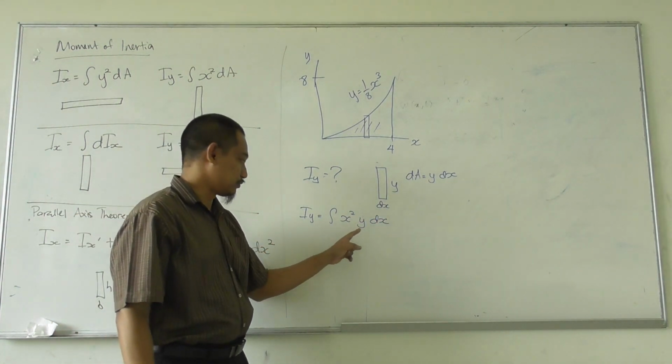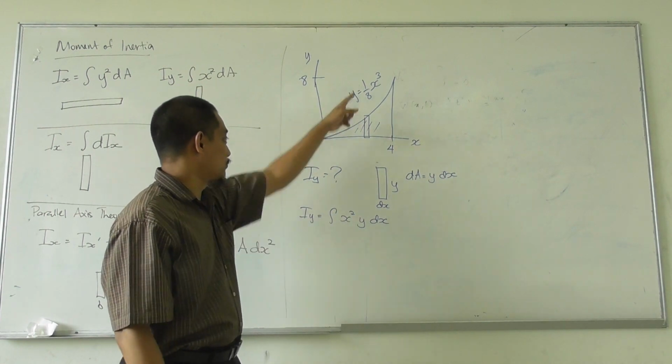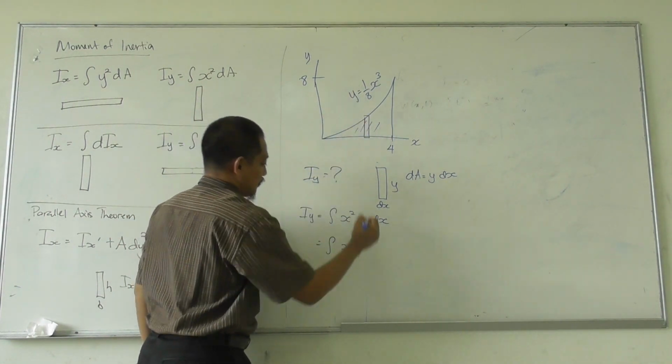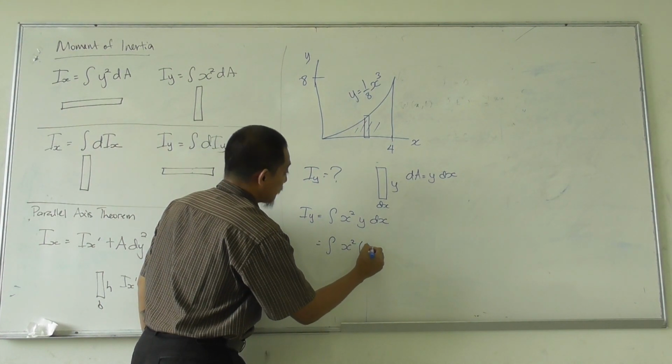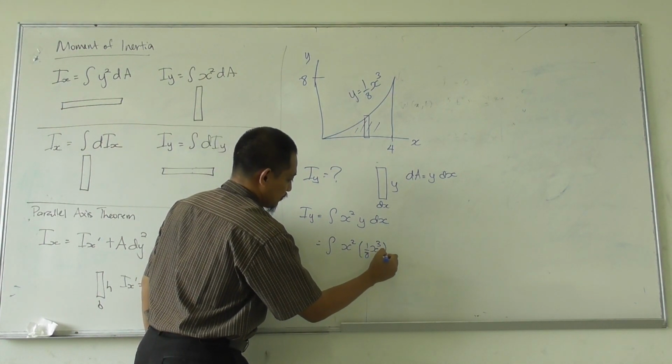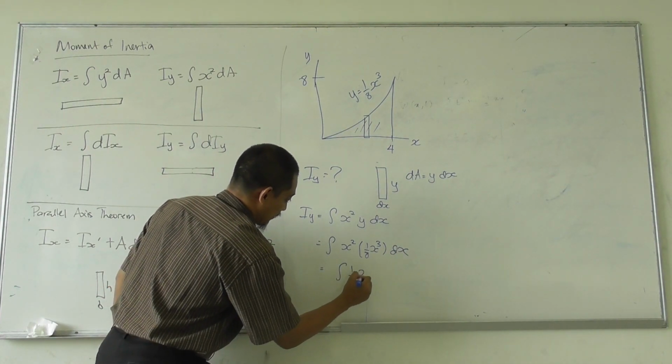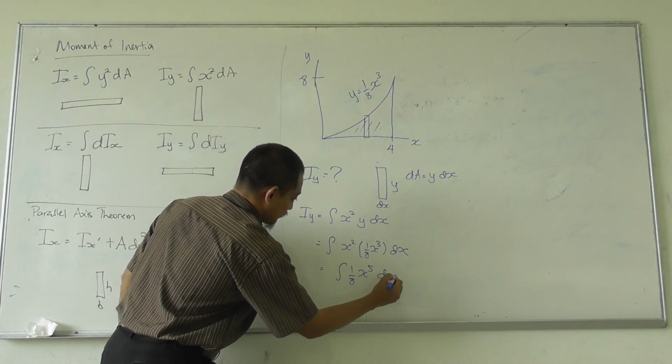Obviously, we have to change y to x, so we get integration of x squared times 1/8 x cubed dx, meaning integration of 1/8 x to the power 5 dx.